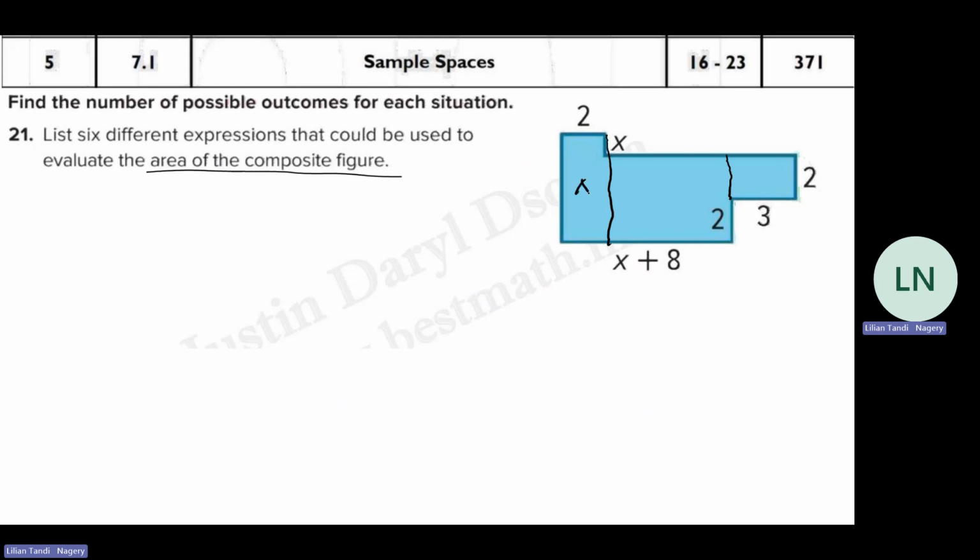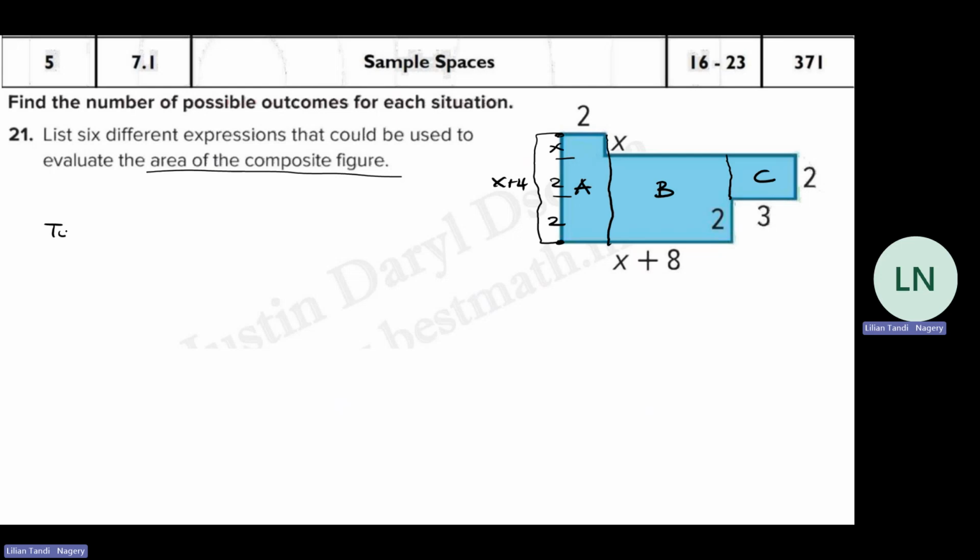So I'm going to have rectangle A, rectangle B, rectangle C. Now, what's the distance from here to here? The distance from here to here is x, and the distance from here to here is 2 and 2. So this is x plus 4.